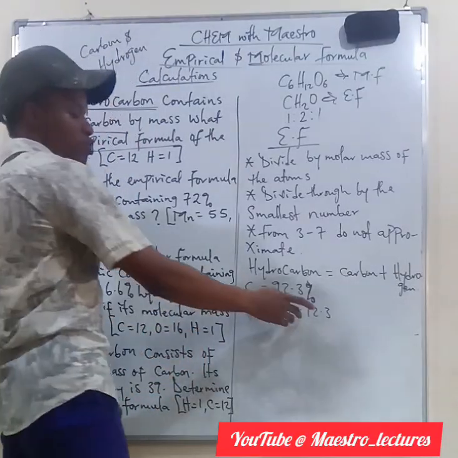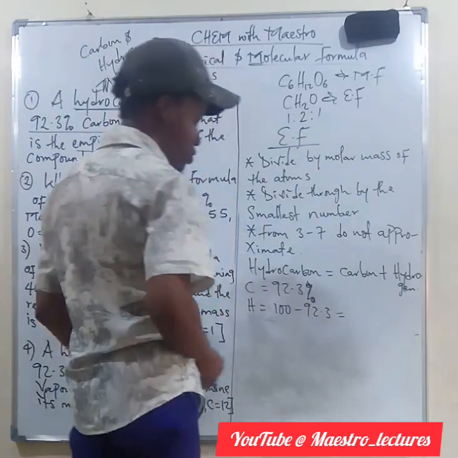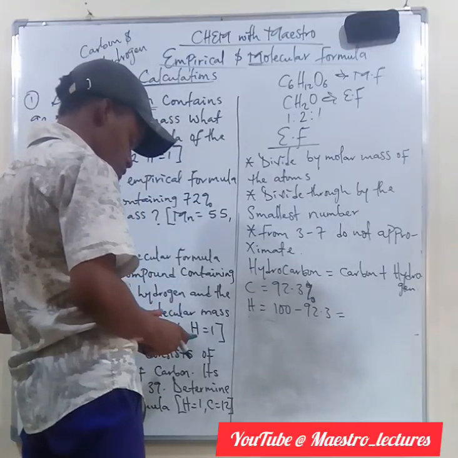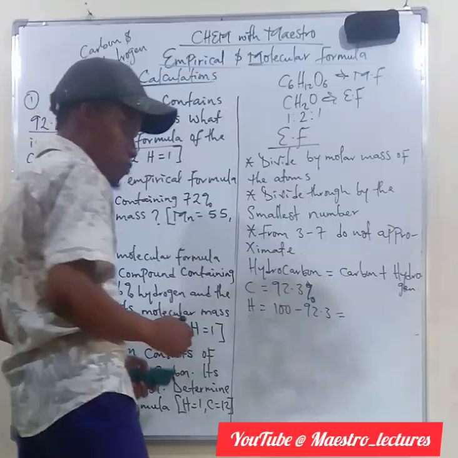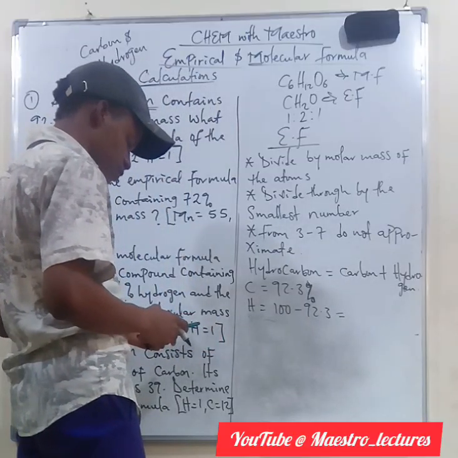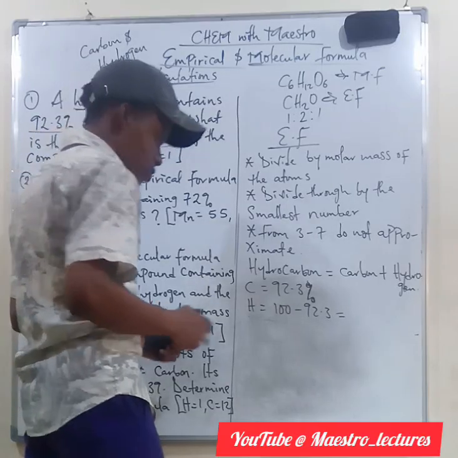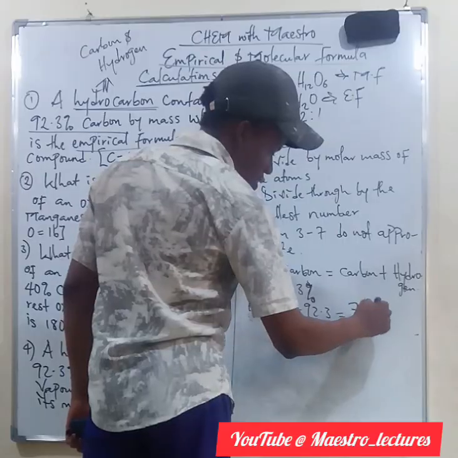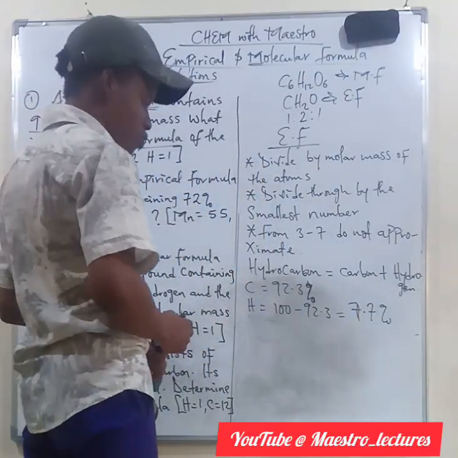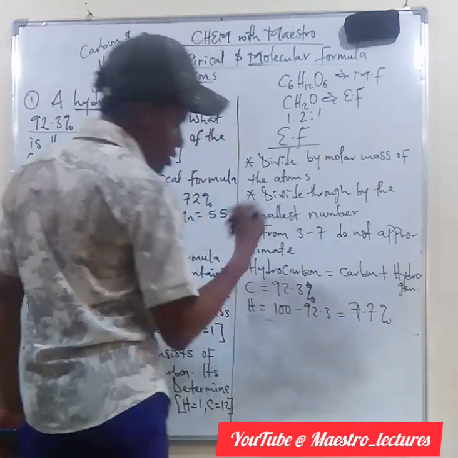So when you subtract 92.3 from 100, whatever is remaining will be our hydrogen. When you put that into your calculator, you're going to get 7.7%. So we know our percentage of carbon and hydrogen.